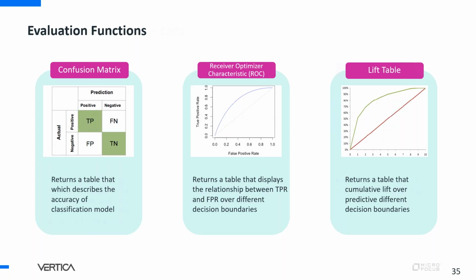For example, these 3 techniques, confusion matrix, ROC, and lift table, help you check whether the model is accurate or not. These 3 techniques are useful for classification models.